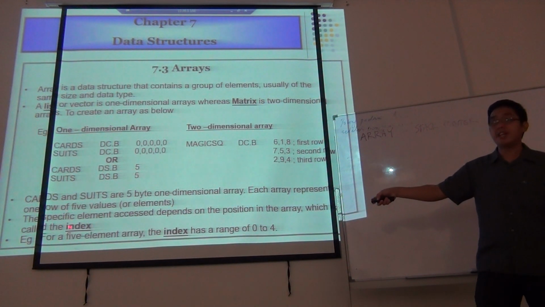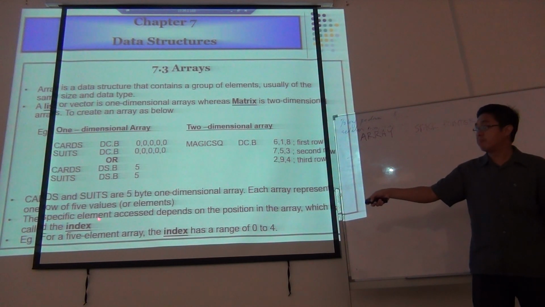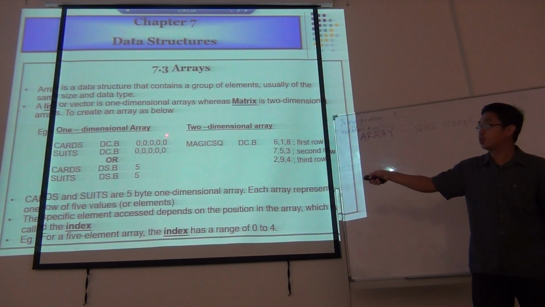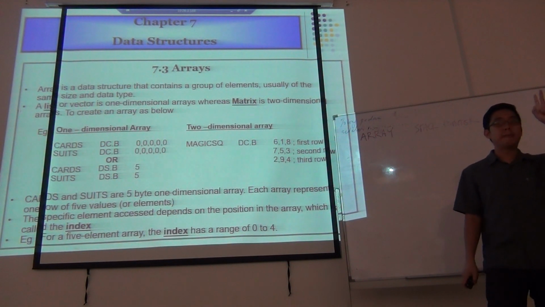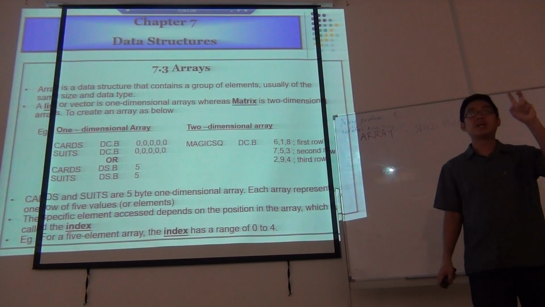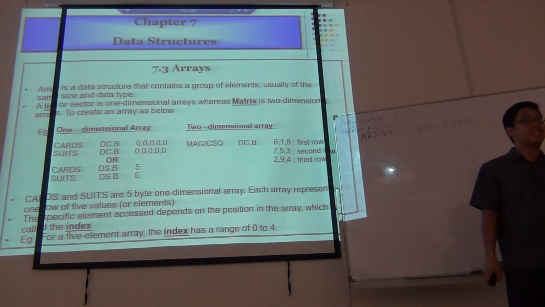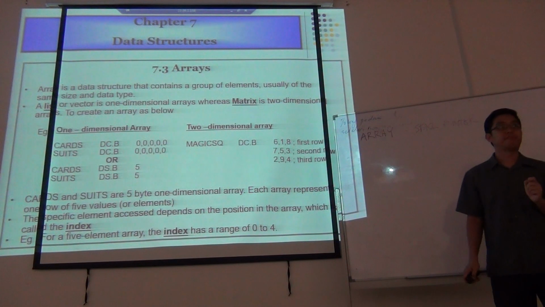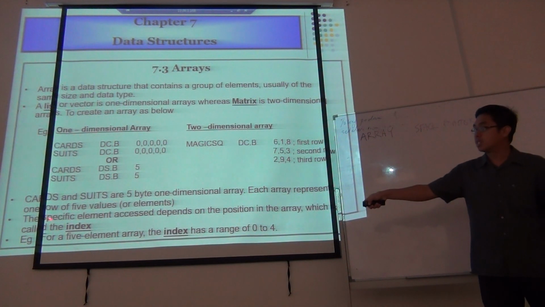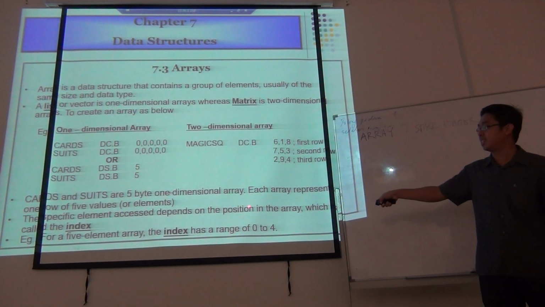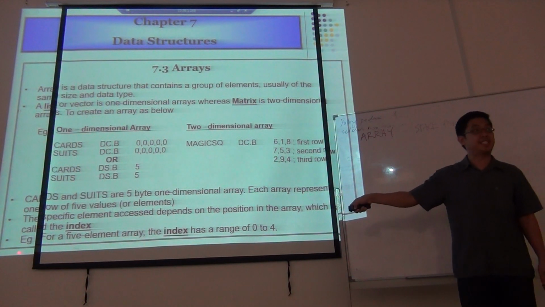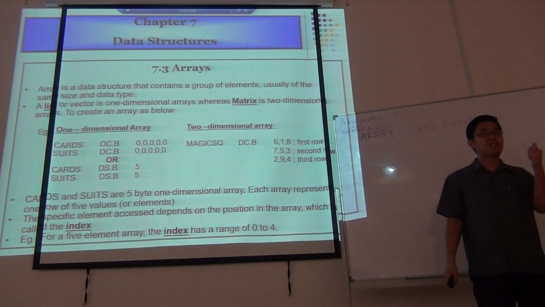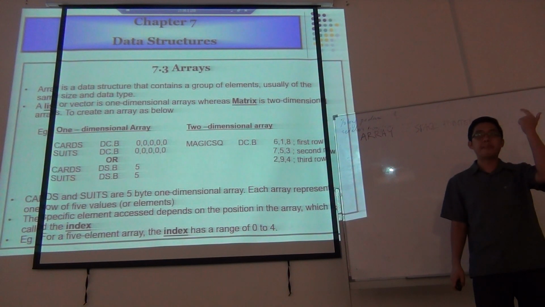To specify an element means any value over here, they call it an element. So 3 terms over here: list, matrix, and elements. Elements are the contents of each array. Okay? To specify an element, access depends on the position in the array, which is called the index. Another term. So just now it was list, then matrix.